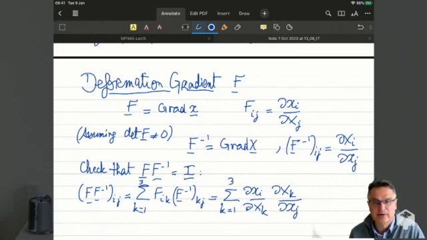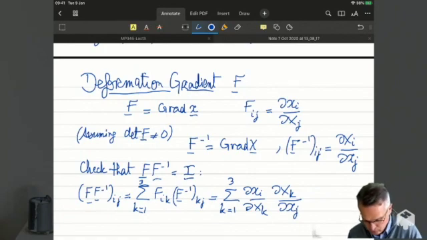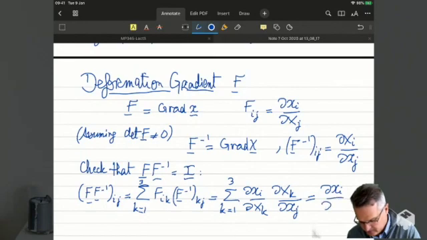And now what do I recognize here? Nothing but the chain rule. If little x depends on capital X1, capital X2, capital X3, here I've just used the chain rule to compute dxi, dxj.